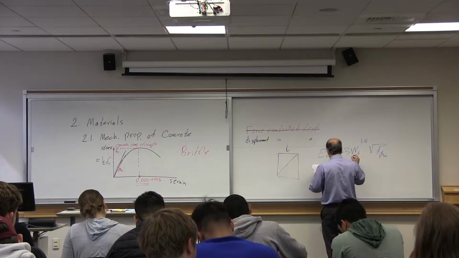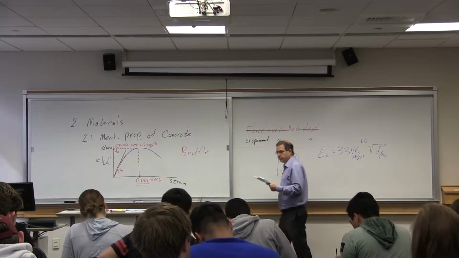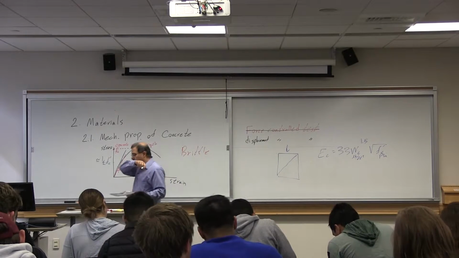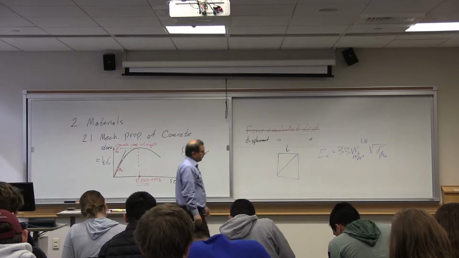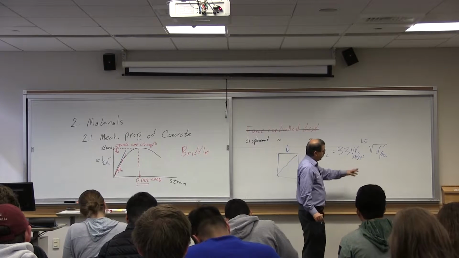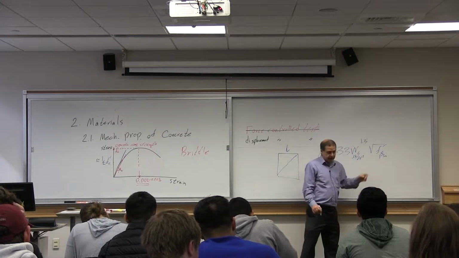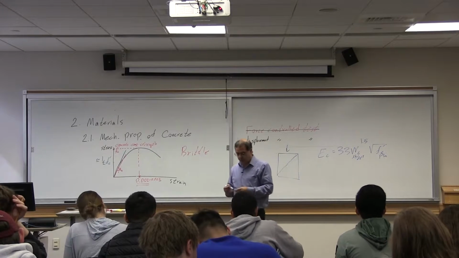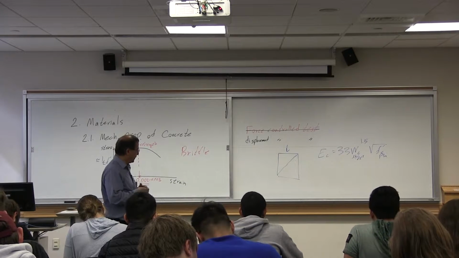This is in psi. This is its pound per cubic foot. So you use the unit weight of concrete in pounds per cubic foot. You use concrete compressive strength in psi, and this is a relationship that is developed for calculating modulus of elasticity.